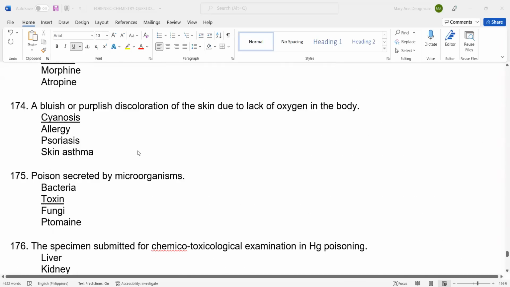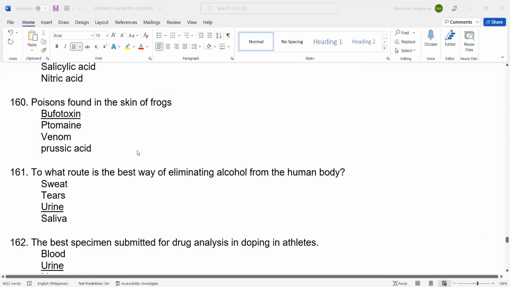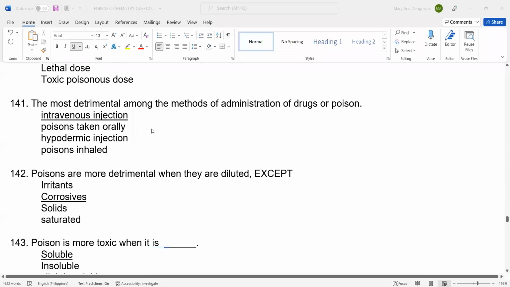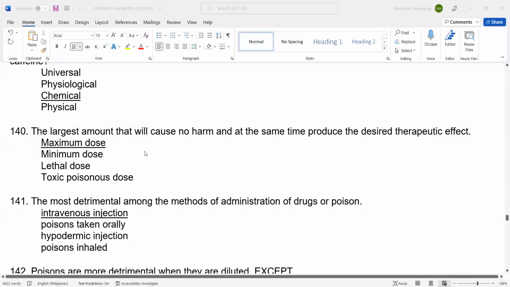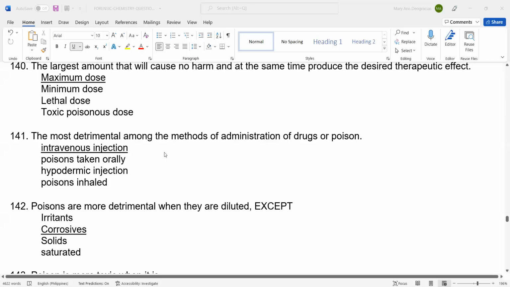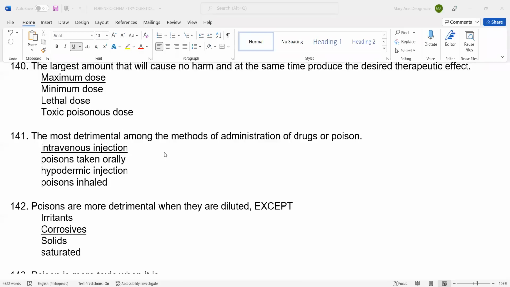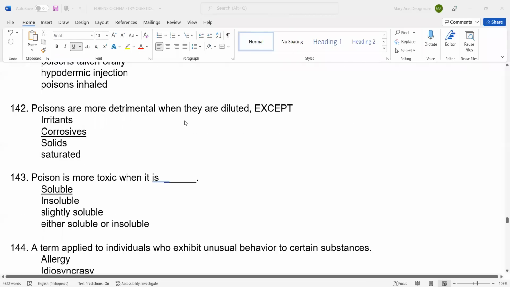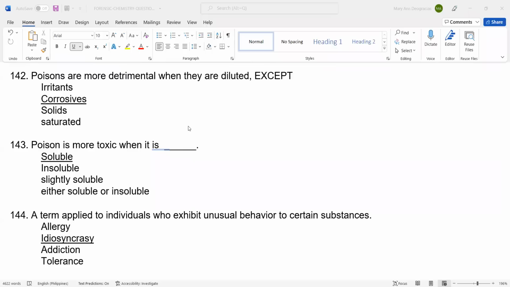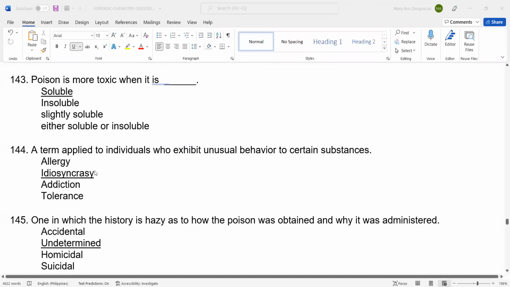140, 154. 140, maximum dose. 141, intravenous injection. 142, corrosives. 143, soluble, just check this one. 144, idiosyncrasy.